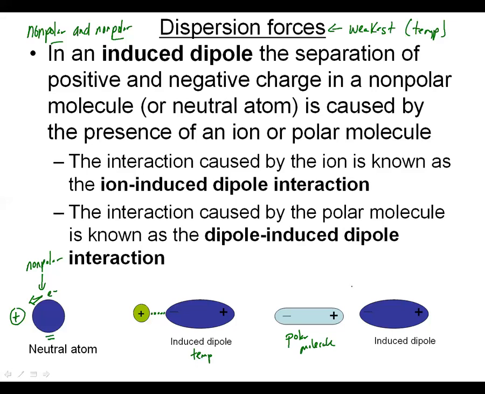If you put a polar molecule next to a nonpolar molecule, I'll just draw it on this side, very badly drawn, and if this happened to be the negative side of this even worse drawn molecule, the electrons in this case would actually go away from that side, again creating a positive side over here. Again, you will get this temporary attractive force. And that is what is sometimes referred to as a dipole-induced dipole interaction.